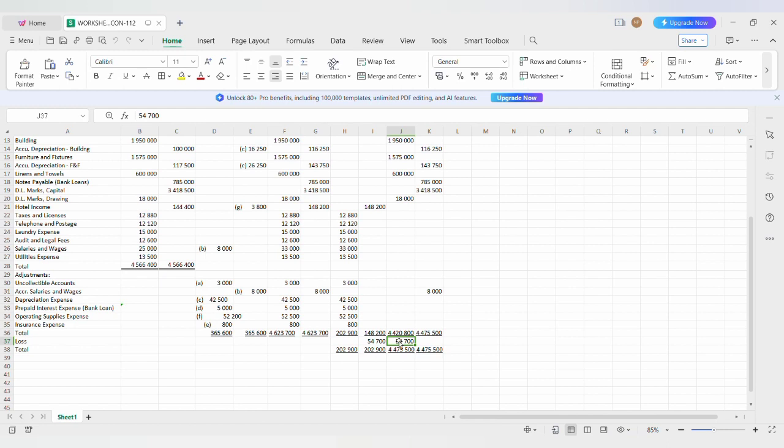The next step to that is to add the total of 4,420,800 and 54,700, which will get you 4,475,500. And as you can see now, both sides are equal, which means it is balanced. And the long process of this worksheet is over.